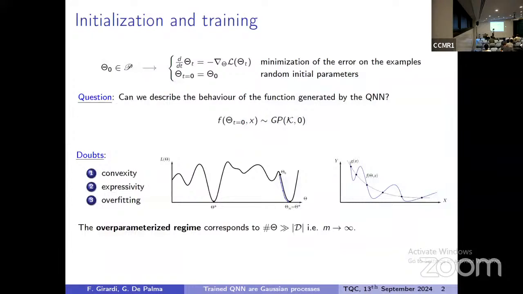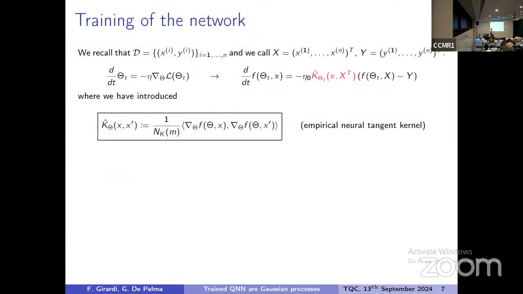So what about now the training? What can we say about these doubts and these potential problems? First of all, a necessary step is to try to understand what this evolution equation for the parameters means in terms of the model itself.